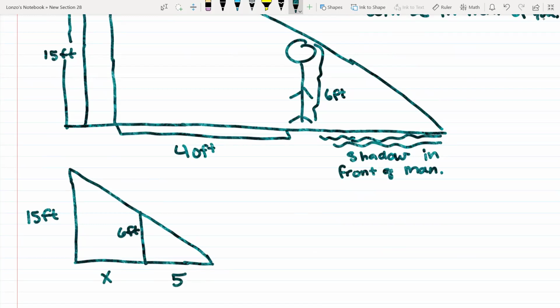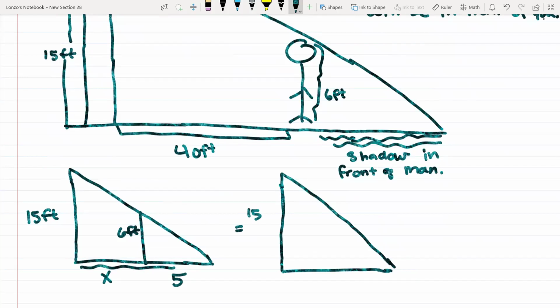The bigger triangle, the main triangle, has height 15, and the entire base is x plus the shadow.